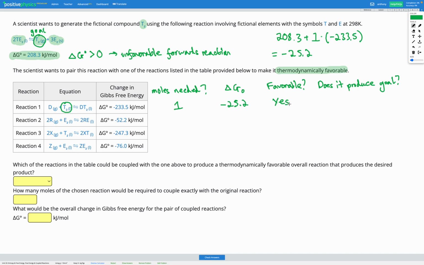So even though this reaction would be thermodynamically favorable, it doesn't produce our goal compound because it has to get used up in order to make this other compound in order to make it favorable. So no, it doesn't produce the goal compound.